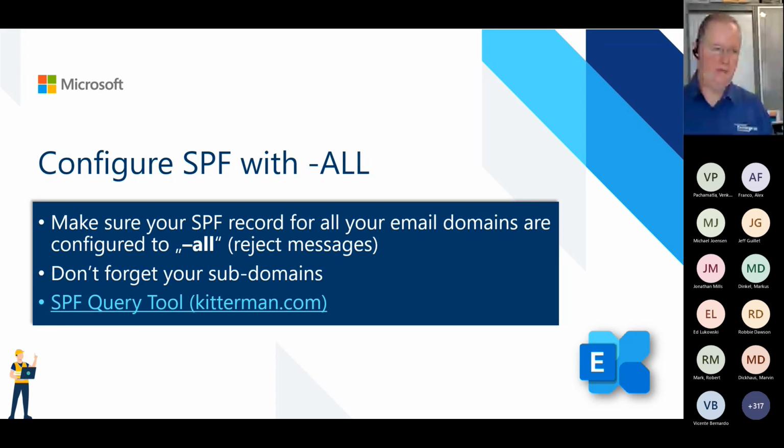SPF means Sender Policy Framework, and is a framework on the internet to identify spoofing and malware, all kinds of messages. But it also allows you to stay in control of your own email addresses. So that's the key here.